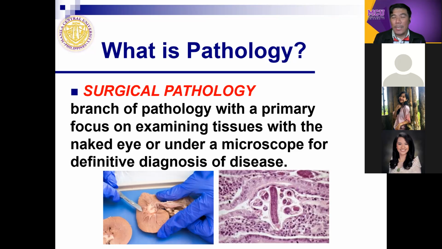Benign means non-cancerous, and malignant means cancerous. But this could not be determined by the naked eye. This could be done microscopically by the evaluation of tissues. And that is surgical pathology.